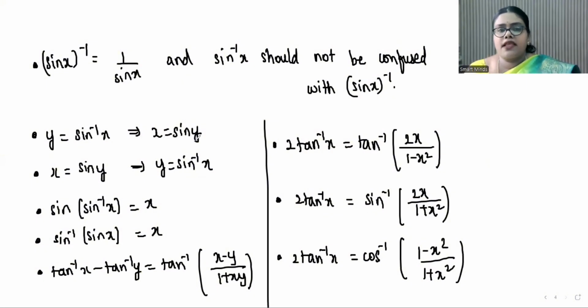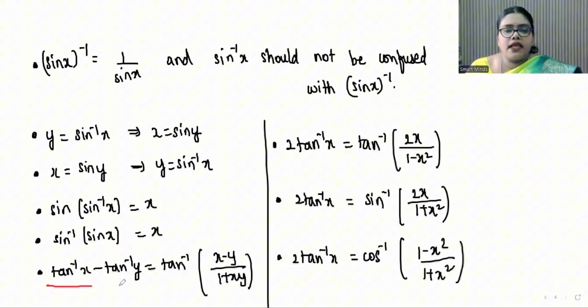That means x can be written as sin inverse y. Then if sin x is equal to sin y, that means y is equal to sin inverse x. Then sine of sin inverse x is equal to x. Then sine inverse of sin x equals to x.